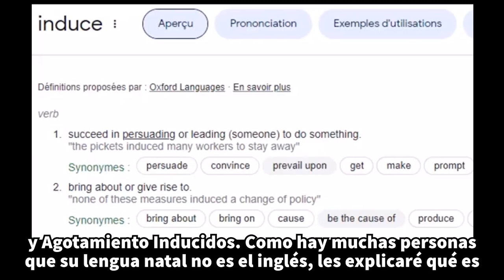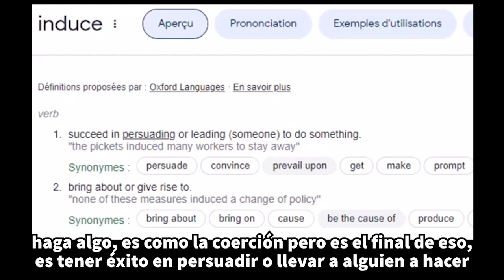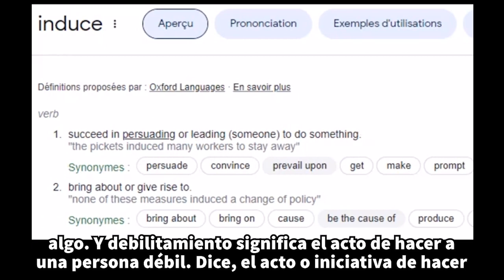As there are many non-English native speakers here, I'll explain induced debilitation for you. To induce means to succeed in persuading someone to do something. It's like coercion, but then it's the end of it. To succeed in persuading or leading someone to do something.